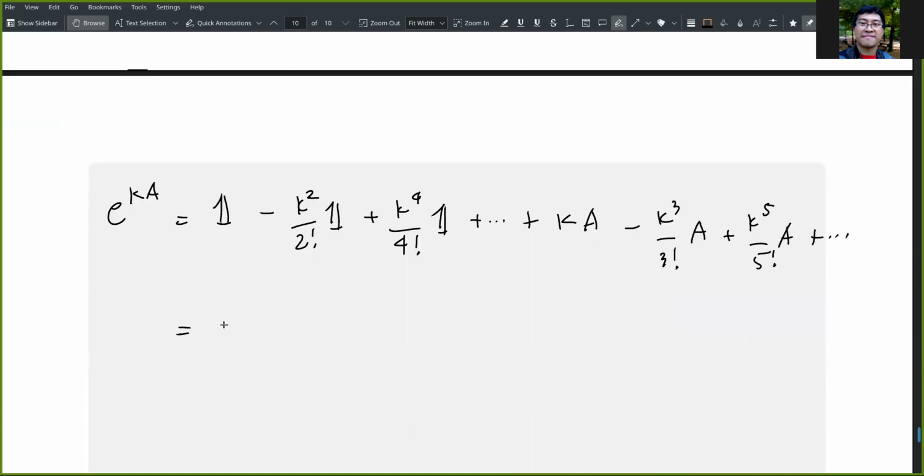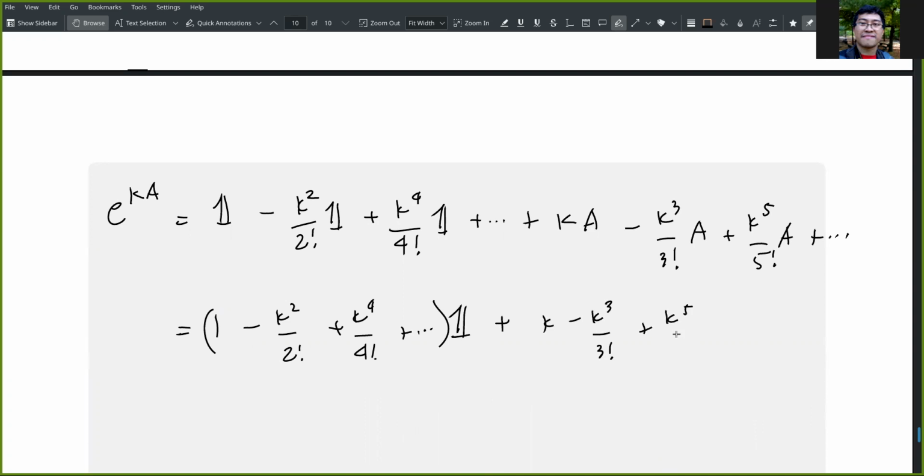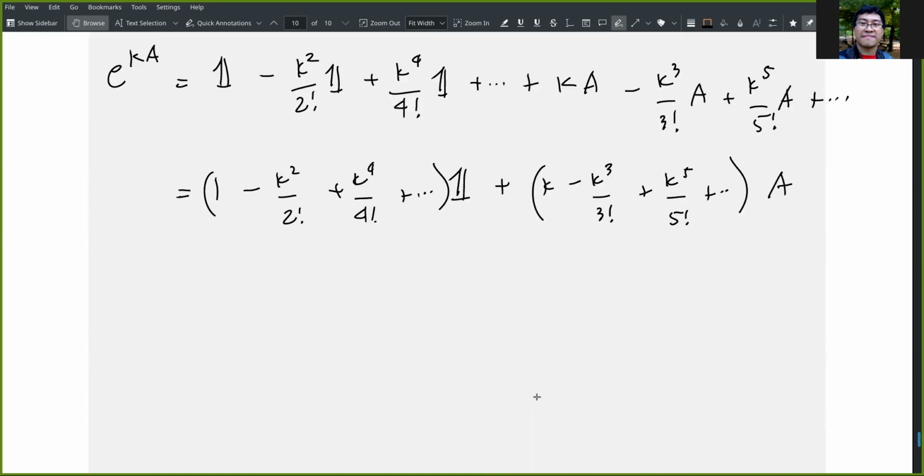And this becomes 1 minus k squared over 2 factorial plus k fourth over 4 factorial, and so on, times the identity matrix 1, plus k minus k cubed over 3 factorial plus k5 over 5 factorial, and so on, times A.